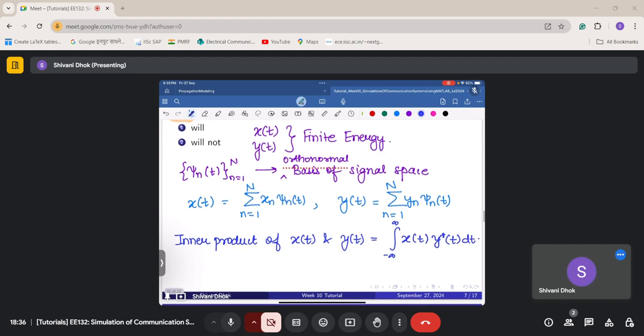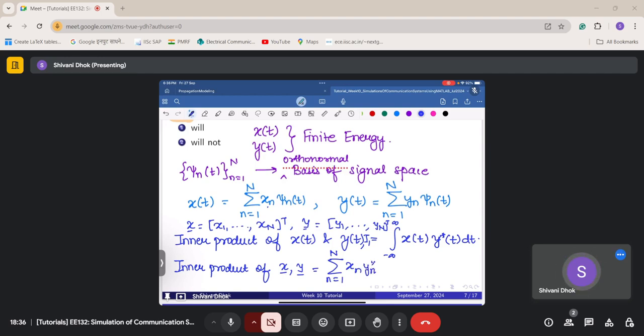Let's say I have the vector x, which is x_1 and so on till x_N, and y as y_1 so on till y_N. Then the inner product of vectors x and y is given by summation n equal to 1 to N x_n y_n conjugate.